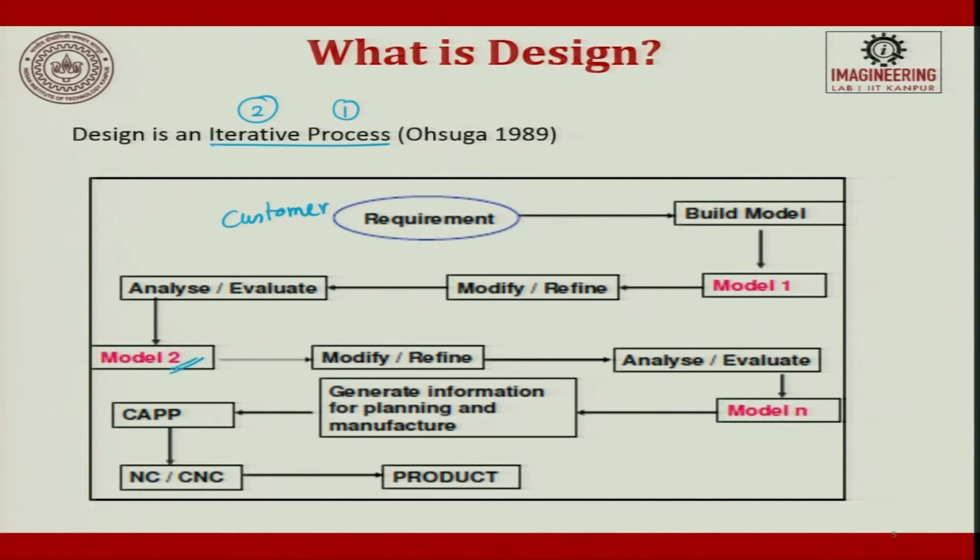Again, you have not reached the end. So, you will once again show it to the customer and then try to modify and refine your requirements. Then rerun the analysis. When we rerun the analysis, what you develop will be model 3. This step keeps on going back and forth as a cycle.